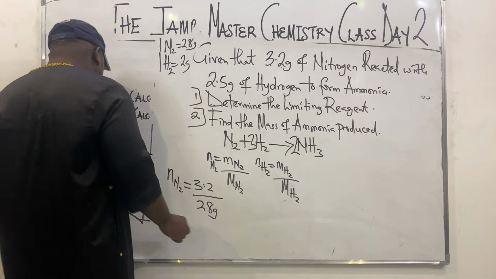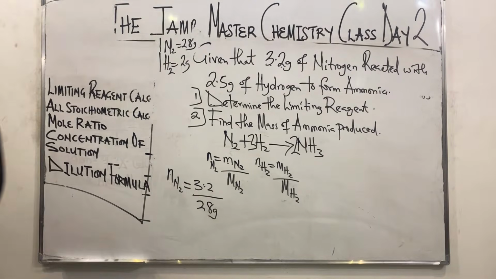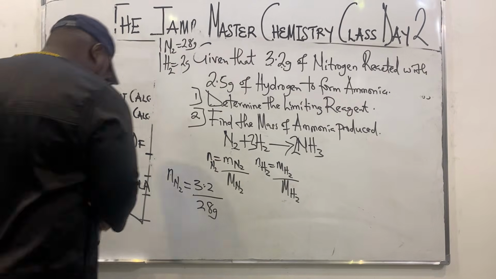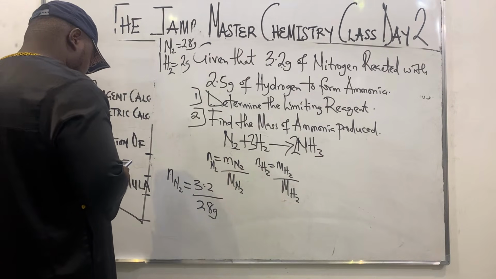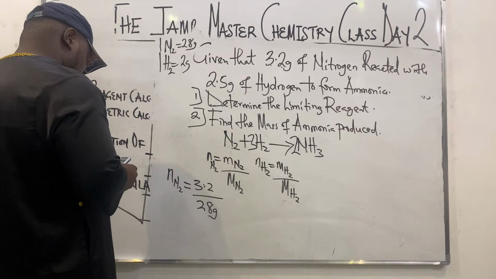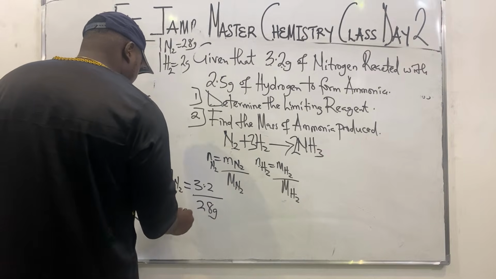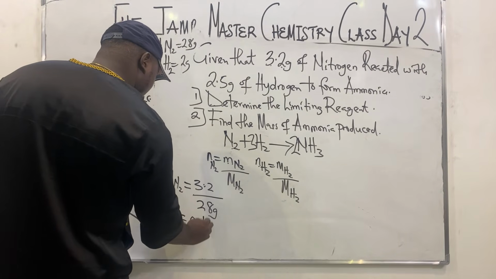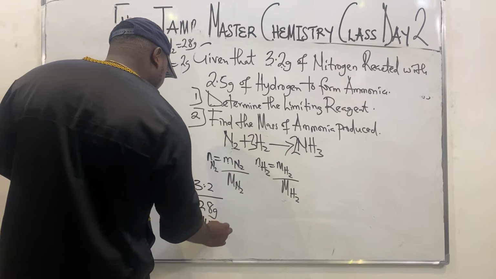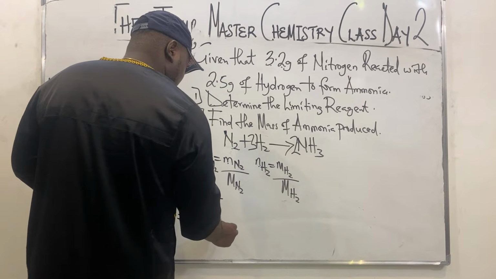So we're going to say 3.2 divided by 28. That will give you 0.11428 moles.